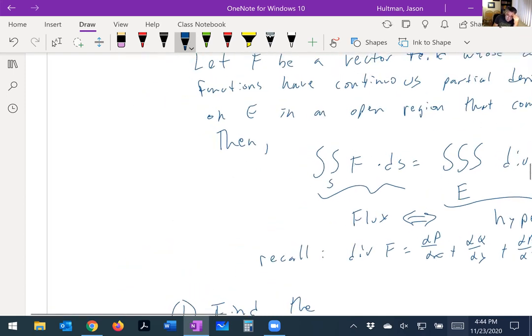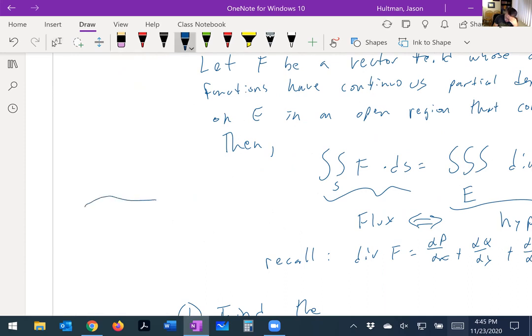I didn't draw, like, just think of this as maybe something like this. This is E basically. E is some volume in space. So this whole thing is E. It doesn't look good.